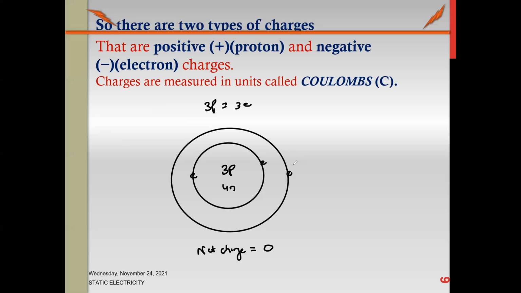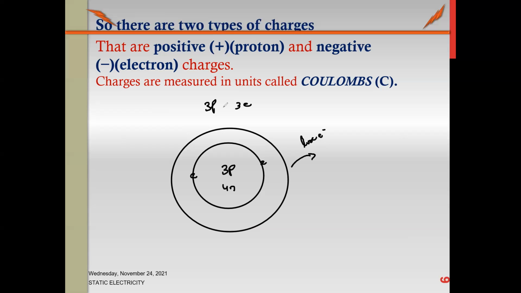But what happens if this atom loses an electron? Due to the loss of this electron, it now has more protons than electrons.